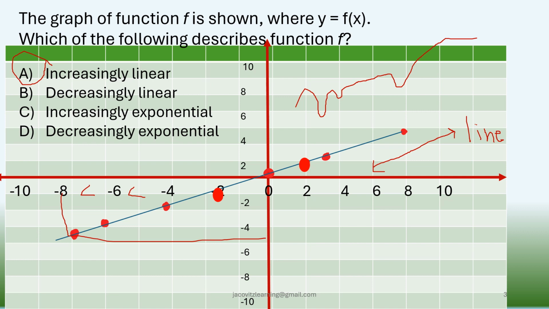So when it's at -6, it's kind of like here on the line, kind of staying, but -4, it's going up, and -2, ideally it's supposed to go up at 0, which is a greater number. And remember, -2 is less than 0. It's going here, and -2, it's going here, and 0 is less than 2. And so here's like 3.5, it's up. So it's increasingly linear. And your correct answer is A.